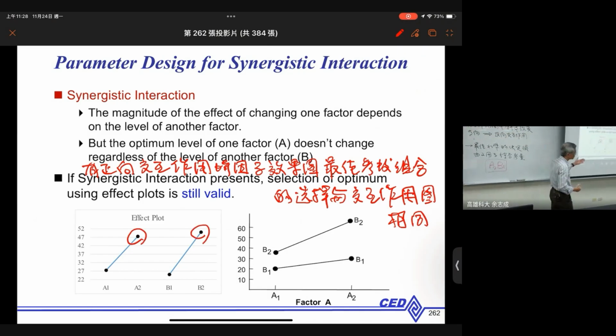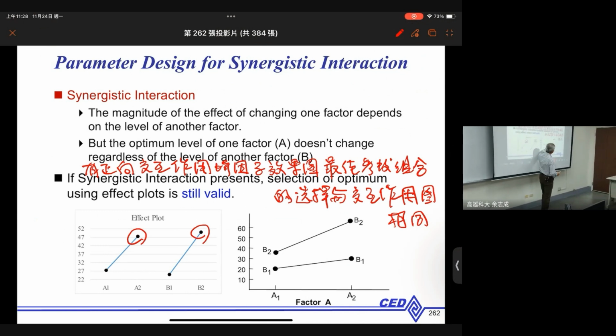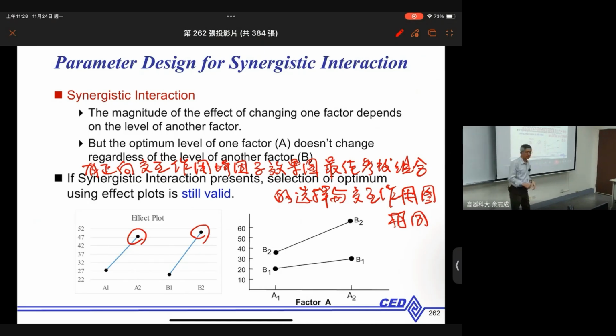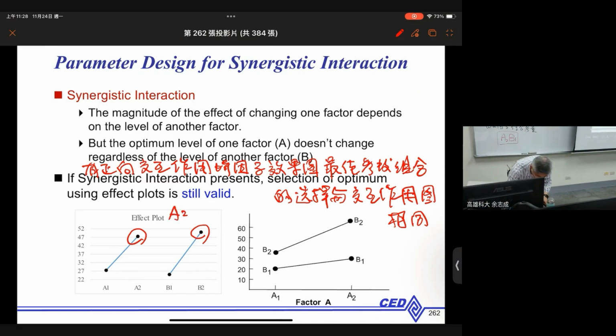How about in the interaction plot? In the interaction plot, there are 4 combinations, and we can see this one will give us the largest output. And this combination is B2, A2. See? The same. The effect plot tells us A2, B2.